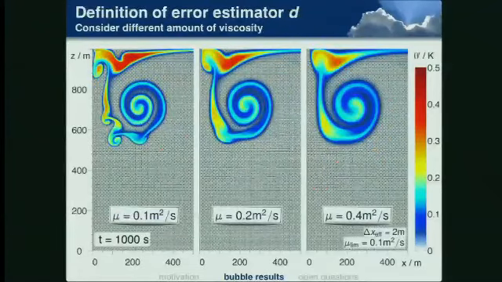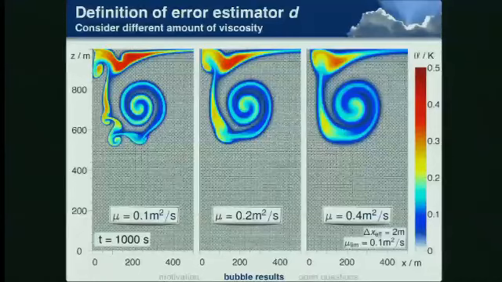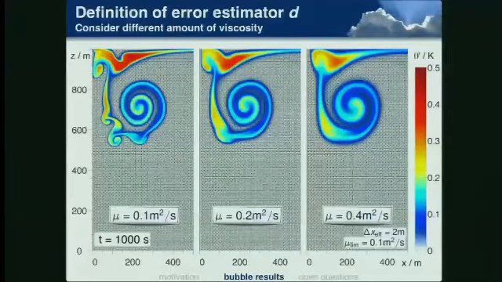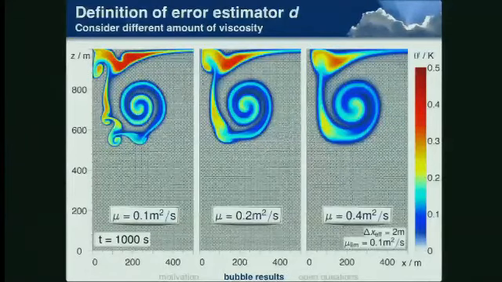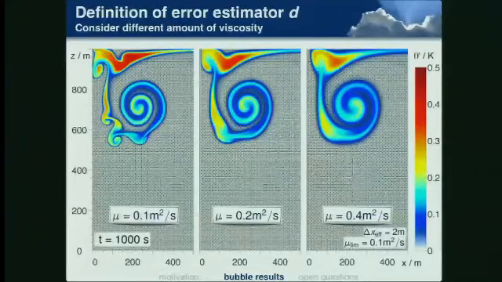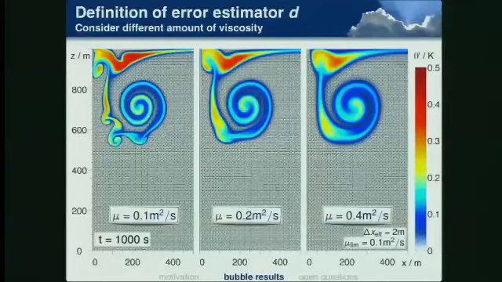For defining an error estimator, I show you the result for 3 different values of an artificial viscosity parameter. The results I've shown you so far used this viscosity parameter here on the left-hand side, and by increasing this viscosity parameter a little bit, these perturbations vanish.